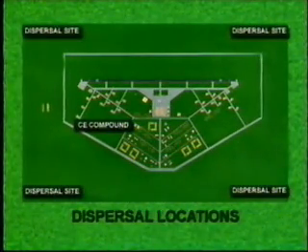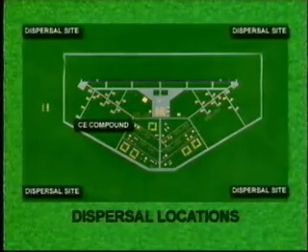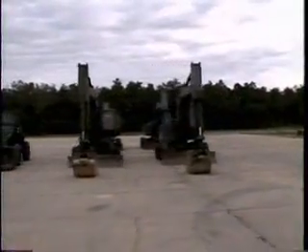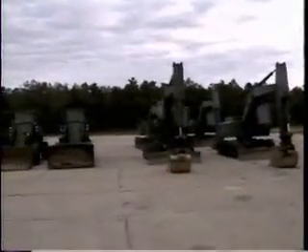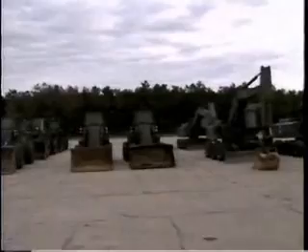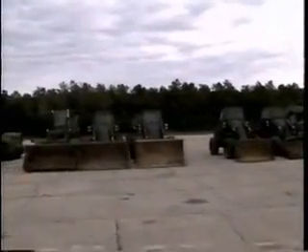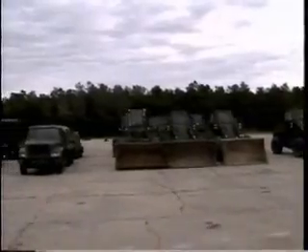There should be multiple sites to increase resource survivability. These sites should also provide good natural cover and concealment with protection from attacking forces. Identical equipment items such as excavators, graders, dump trucks, and front-end loaders should be dispersed to separate sites to ensure at least one of each type survives.